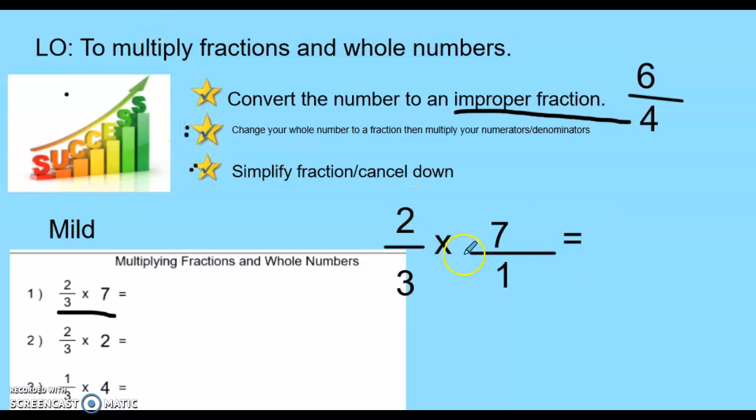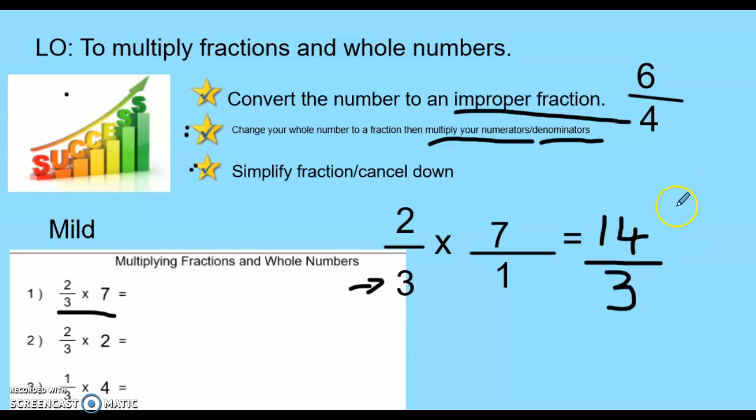We multiply the numerators first, just like we did yesterday. 2 times 7 is 14, so there are 14 parts to the whole. Then I multiply my denominators, 3 times 1 is 3. So I know the answer to 2/3 times 7 ones equals 14/3.